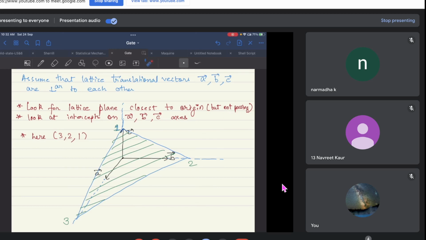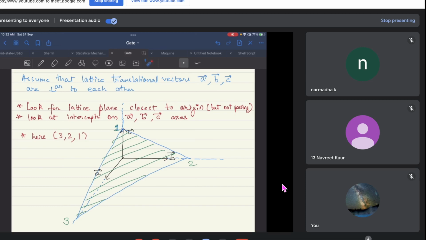If it is, then we can take another successive plane which is parallel to it. For example, here this is the plane in blue shaded in green. This plane intercepts axis a, axis b, and axis c.